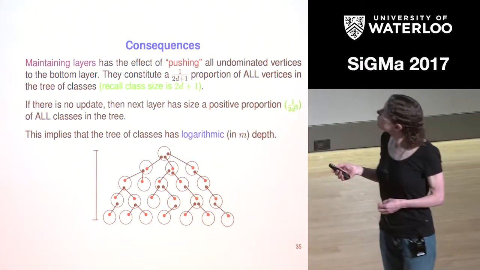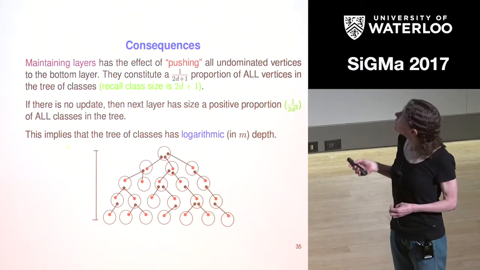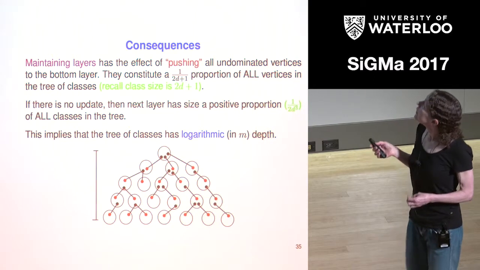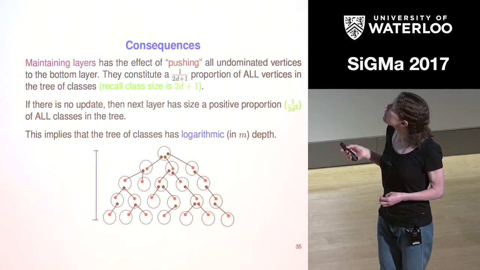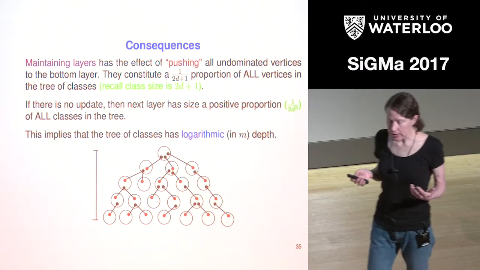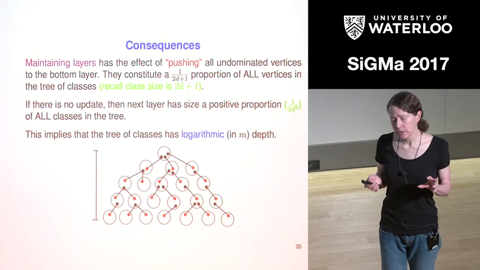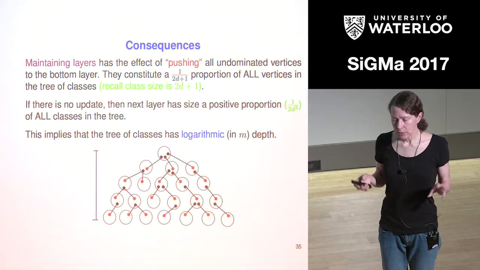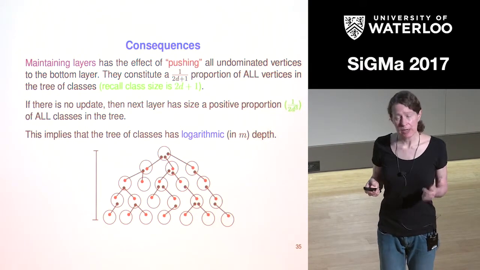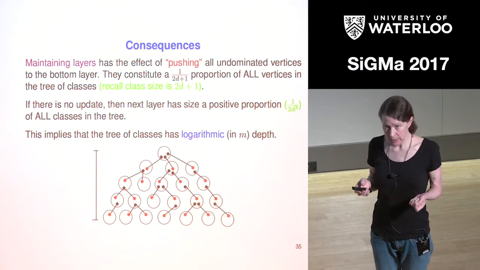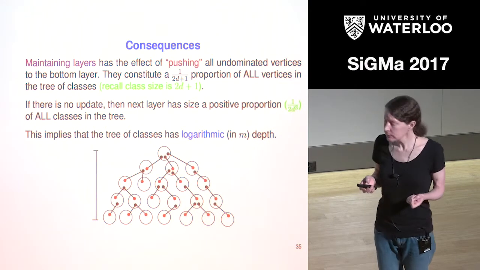And let me just tell you briefly what these things do for you. So this maintaining layers has this effect. Remember again that the classes have size 2D plus 1. In the original argument, the union of a particular bunch of classes U was just big enough to tell us that there was some vertex that we could add.